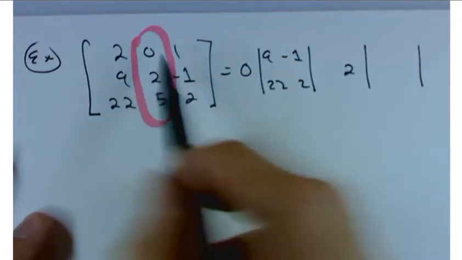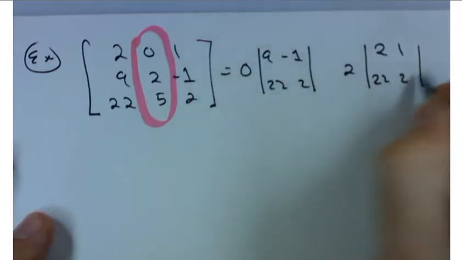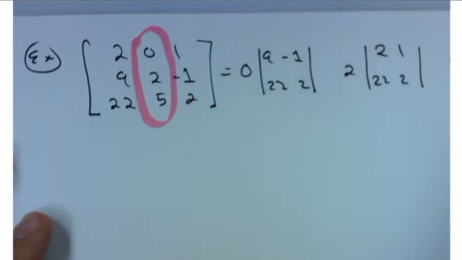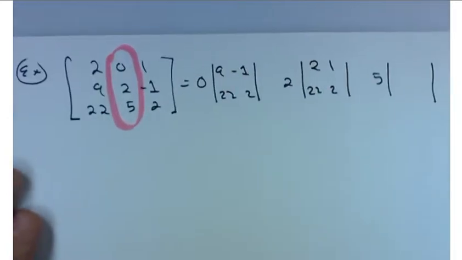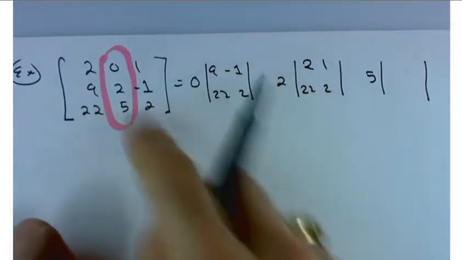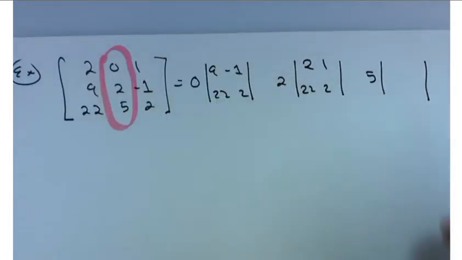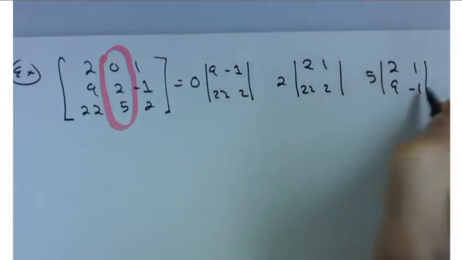Then 2, 1, 22, and 2. Good. And last but not least, 5 and Olivia, what would I put in corresponding to crossing off this row and this column? 2, 1, 9, -1. Excellent.